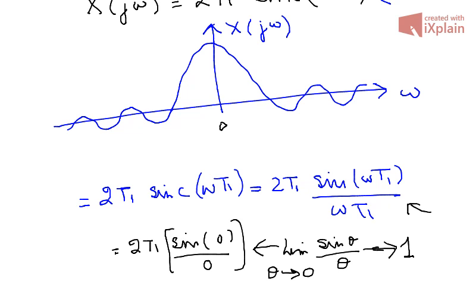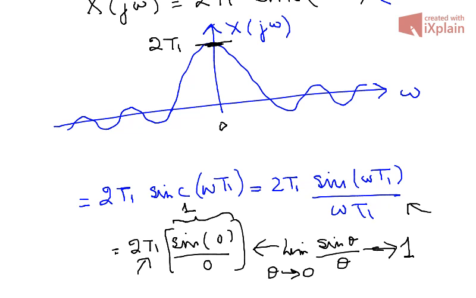Sine of theta over theta is actually equal to unity when theta approaches 0. So basically this can be replaced with 1, and you are left with 2 times t1 multiplied by 1. So basically this peak value is 2 times t1.